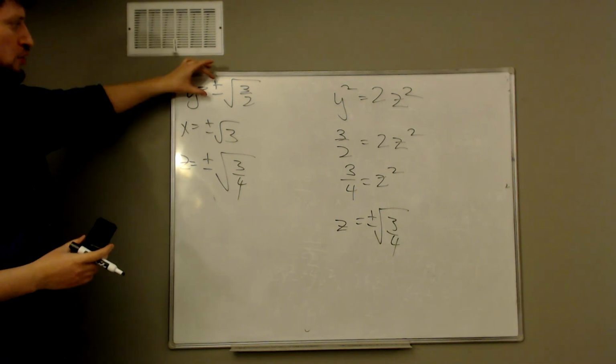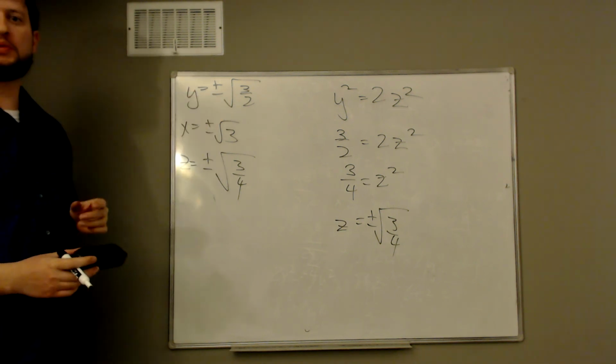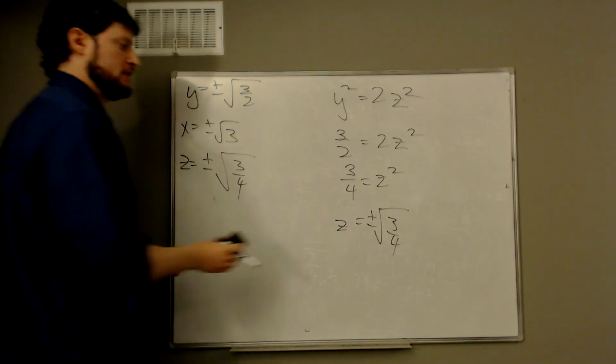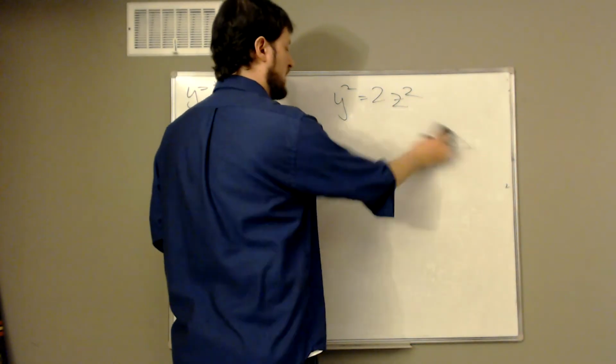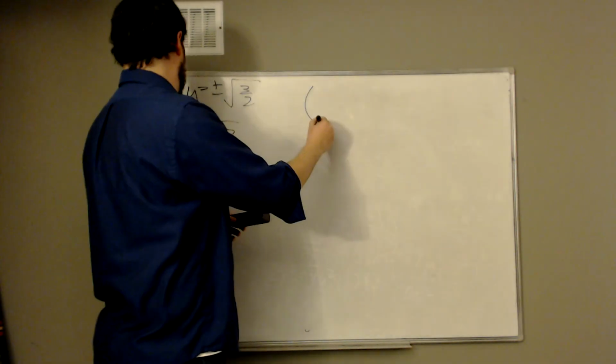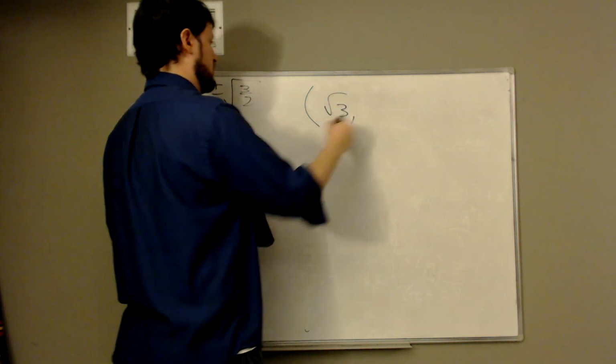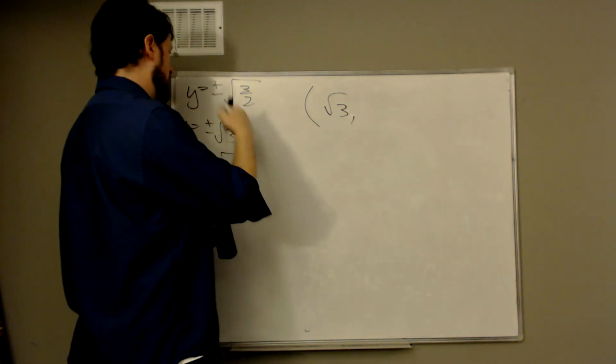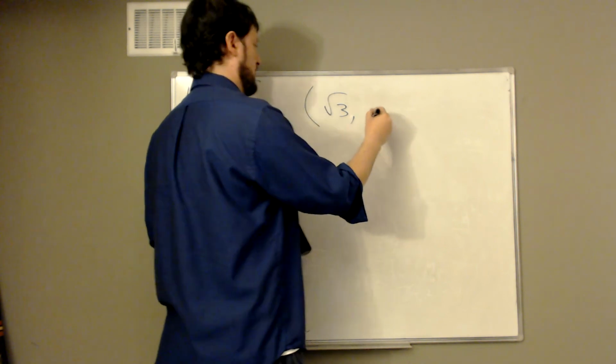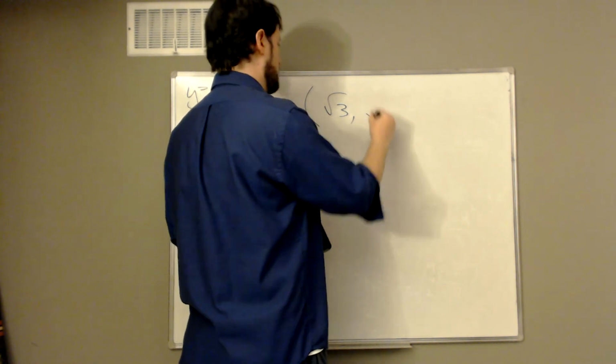So this is 2 choices, this is 2 choices, this is 2 choices. We actually get 8 x, y, z combinations. So we've got x, which is positive root 3. Y, we've got a positive for everything. So that'll be positive, positive, positive.